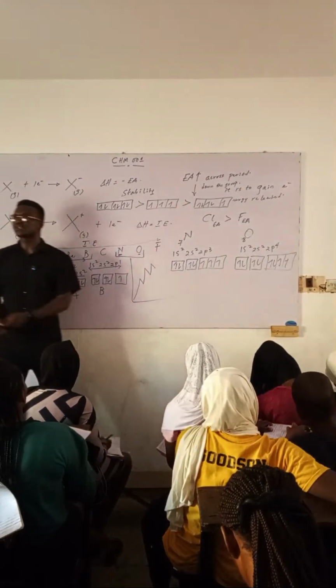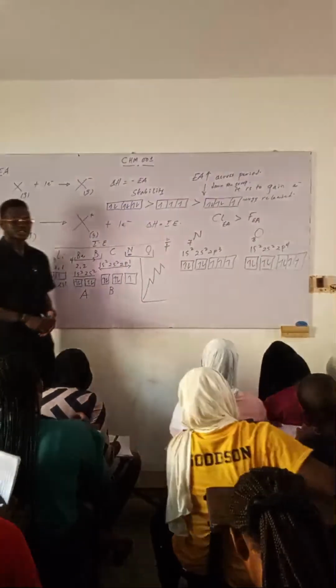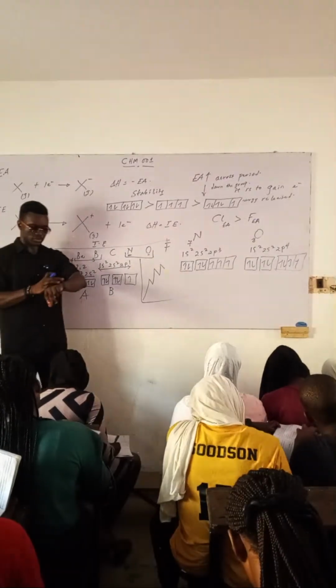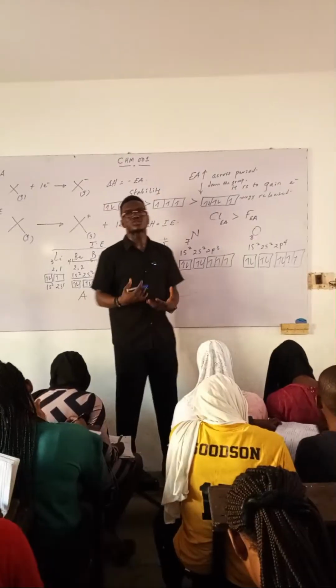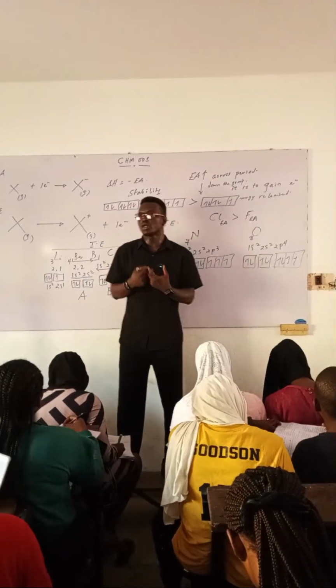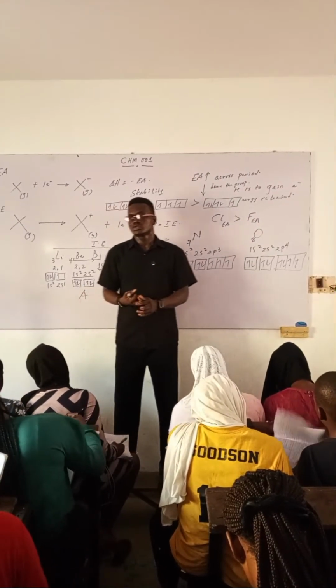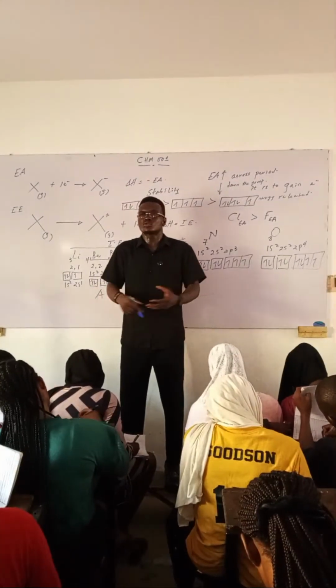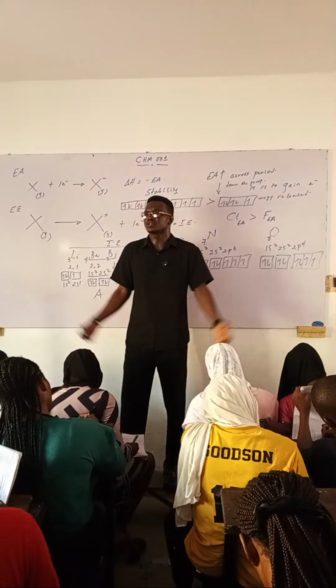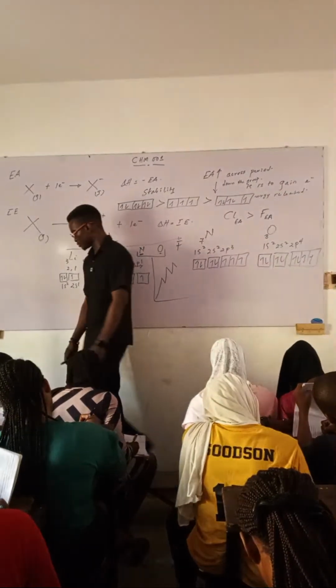So the next one, electronegativity. What is electronegativity? Electronegativity is the ability of an atom to pull electron towards itself. So the ability of an atom to pull electron towards itself, or the ability to gain an electron. That is what we call electronegativity.